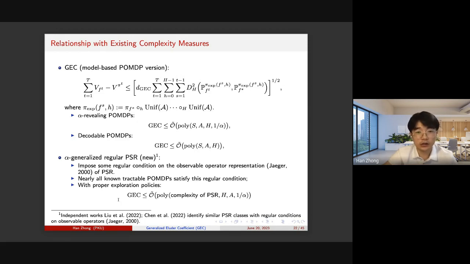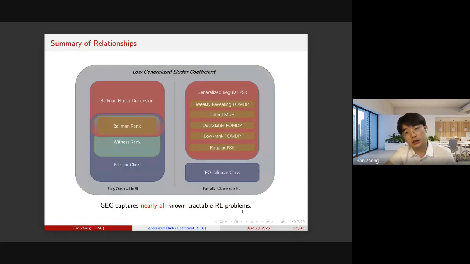And we can also show that the GEC is bounded by polynomial factors of the previous complexity measures of PSR, for example, the PSR rank, H, A and 1 over alpha. And two independent works also identify similar PSR classes with regularity conditions. So now we can conclude that the GEC can capture nearly all known tractable RL problems, and all these problems have a low generalized Eluder coefficient.